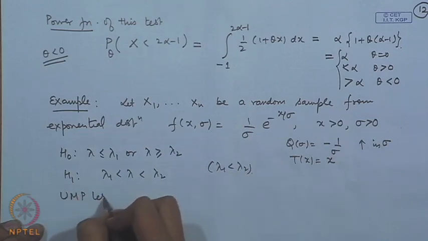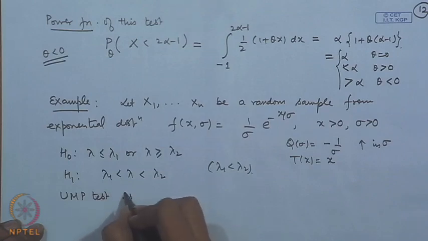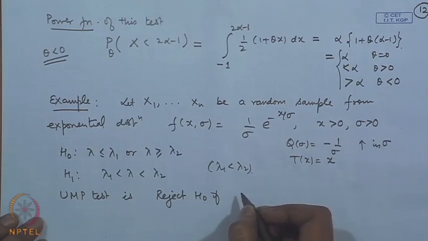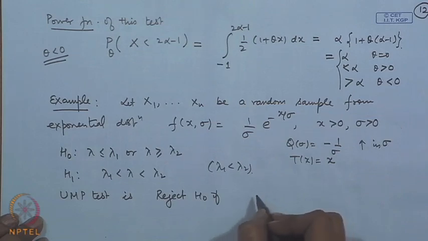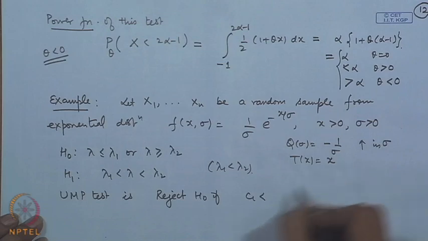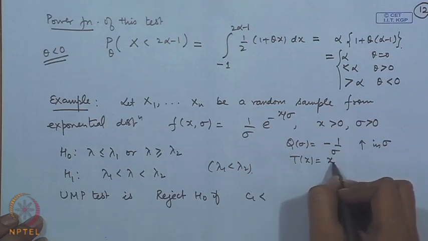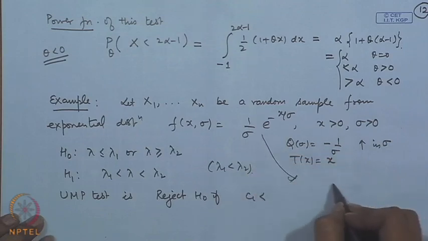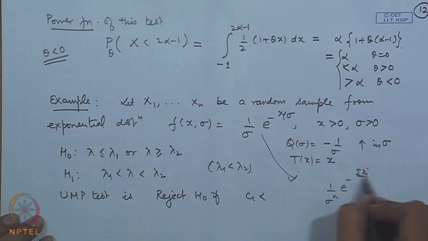the UMP test is: reject H naught if C1 is less than... Now, if you see here, when I write down the distribution of n of these observations, then it will become 1 by sigma to the power n e to the power minus sum x i by sigma.